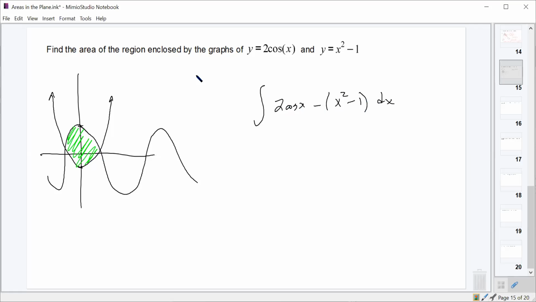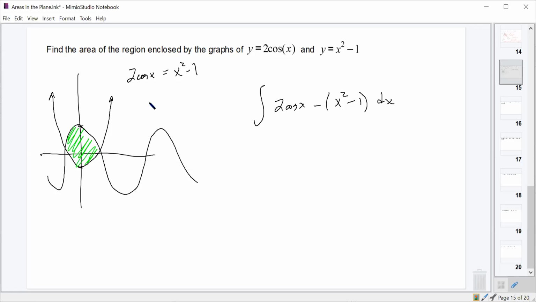And we do that by setting them equal to each other, right? So 2 cosine x equals x squared minus 1. But if we do that, that's an equation that's a little bit difficult to solve, isn't it? So we'll use our graphing calculators to solve that.